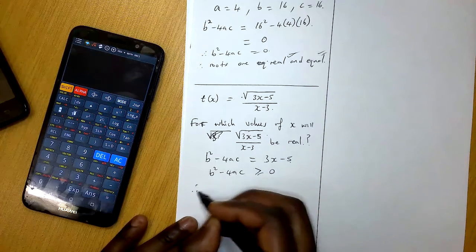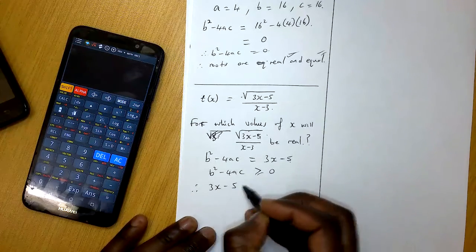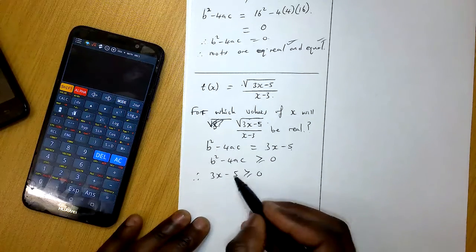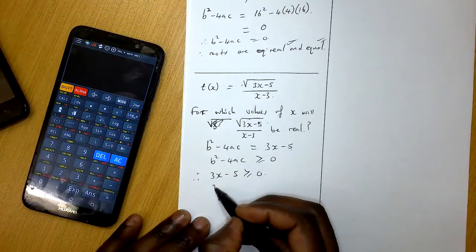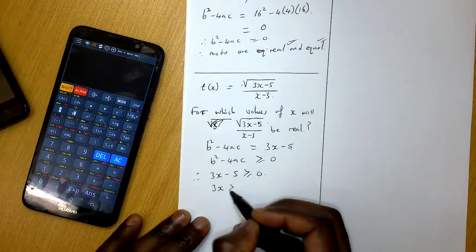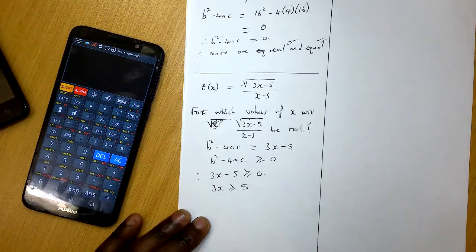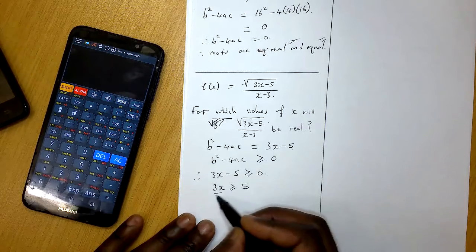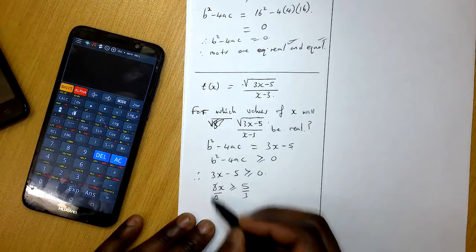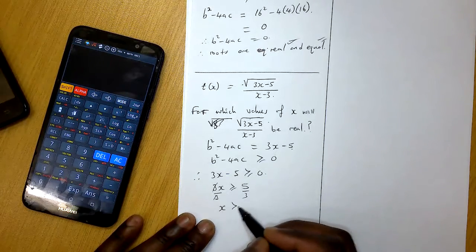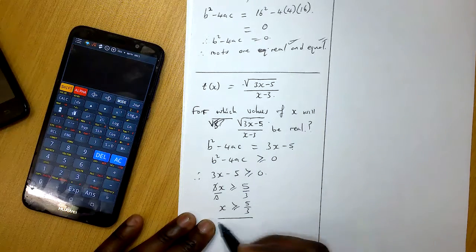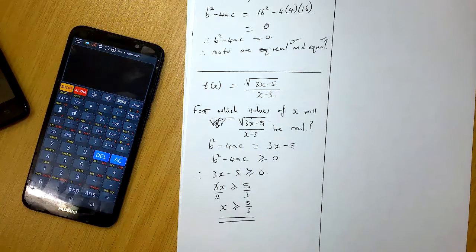Therefore, 3x minus 5 must be greater than or equal to 0. Now you take negative 5 to that side: 3x is greater than or equal to 5. Now we divide by 3 on both sides. So x is greater than or equal to 5 over 3. That's your solution.